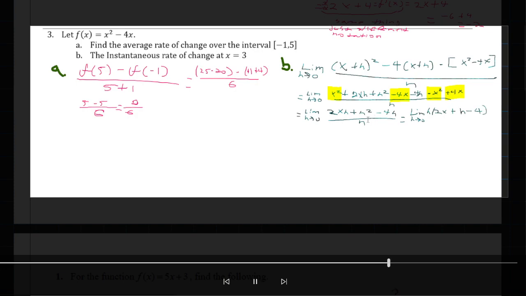There you go. And here, like I said again, the yellow is the like terms. I'm making them equal to 0, so it can be easier to factor out the h and substitute the 0 for the h, which is the one left here. So I can substitute and I can get my derivative.